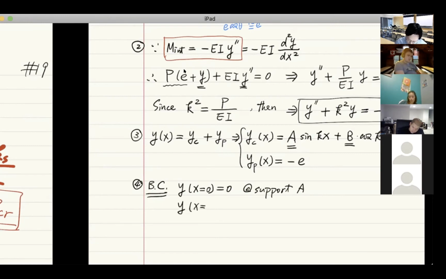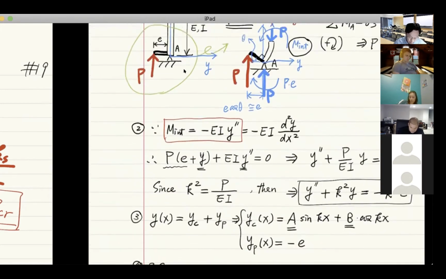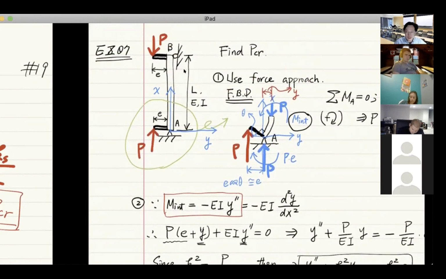When x equals capital L, there's also no deflection, because at that end is a hinge. So there shouldn't be any deflection as well. That means y at x equals L is also 0. This means at support B. So this is how we define it.